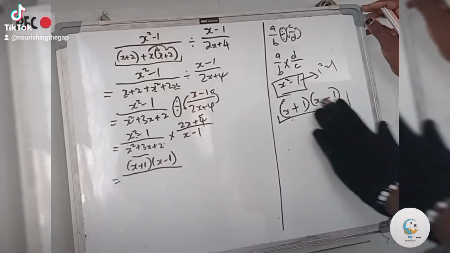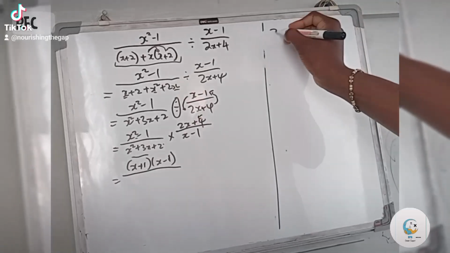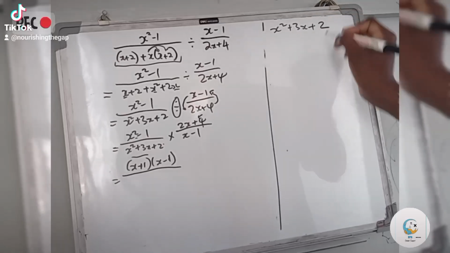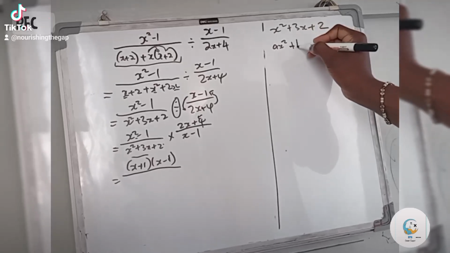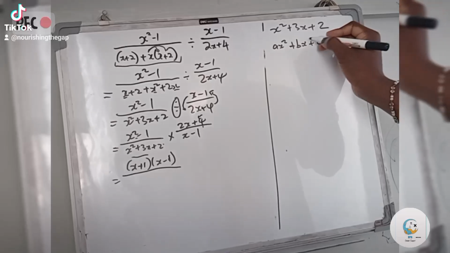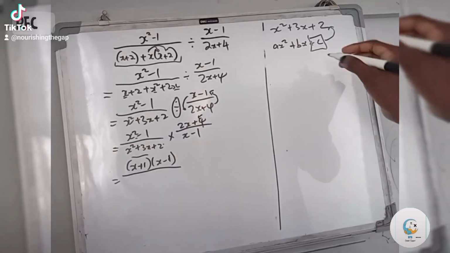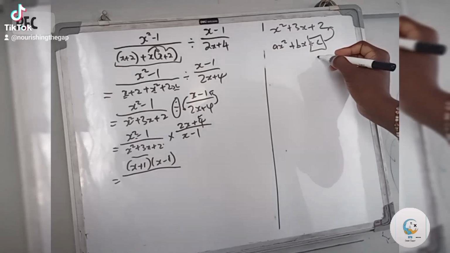We need to factorize this part. This part is x squared plus 3x plus 2. So it's a quadratic equation where c is the constant number. Our c here is 2.